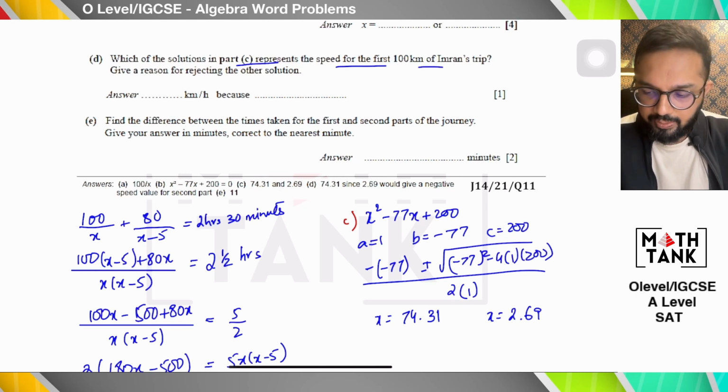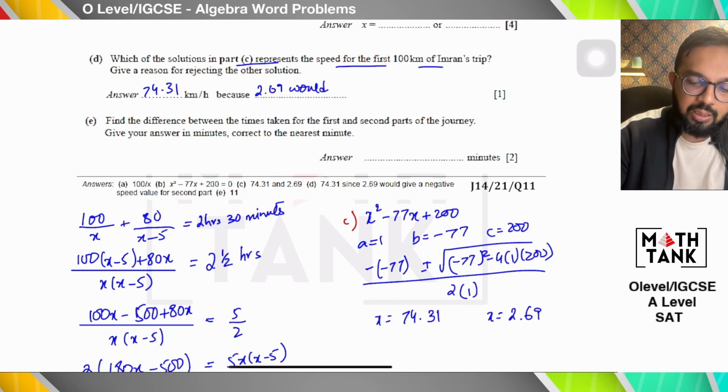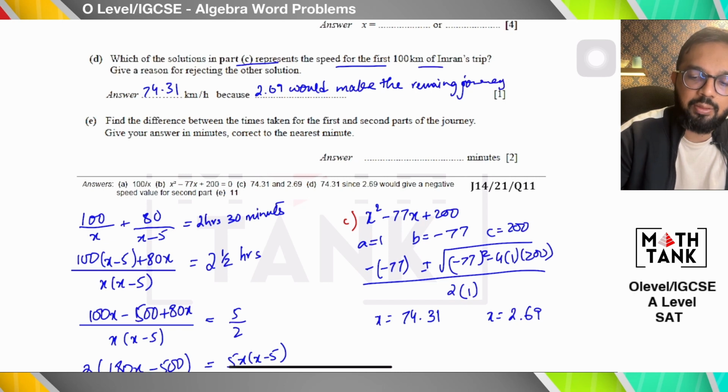So this can't be done. So I'm going to say 74.31, because 2.69 would make the remaining journey have a negative speed.